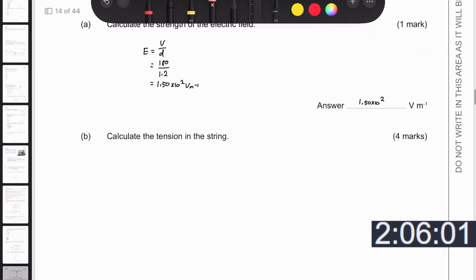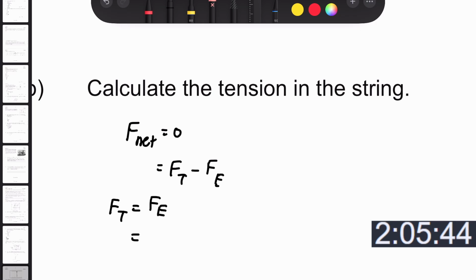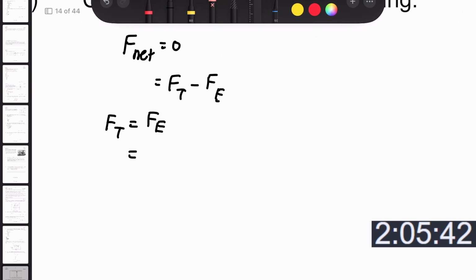So F net is 0. Which is equal to, let's say, the force of tension minus the electric force. So then force of tension is equal to the electric force, which is simply going to be F equals QV over D. Oh, wait a minute, I'm clicking, because right here we know that work equals QV, right?